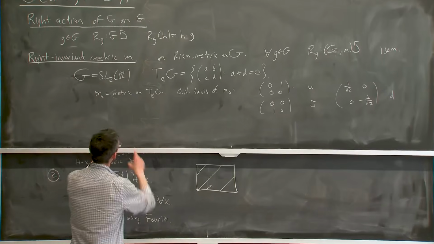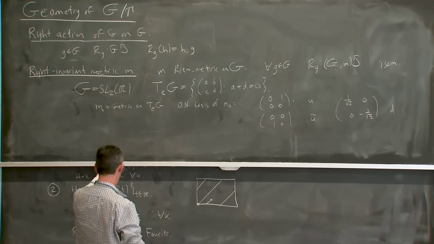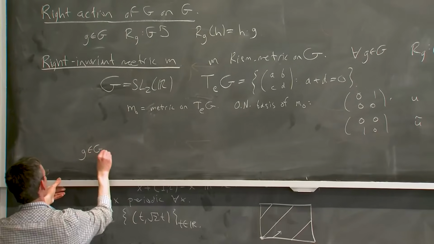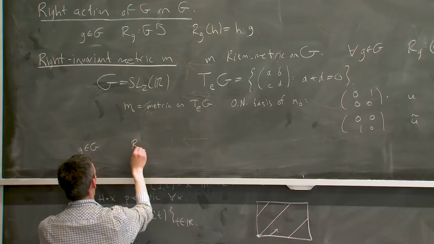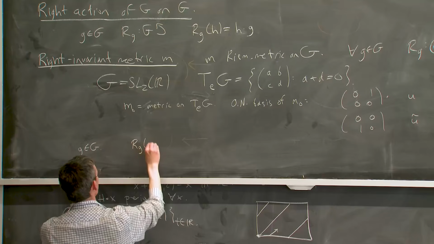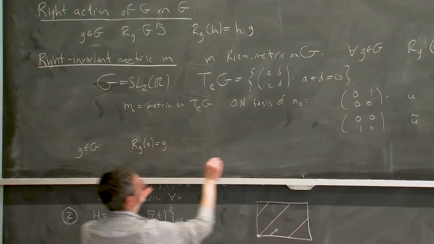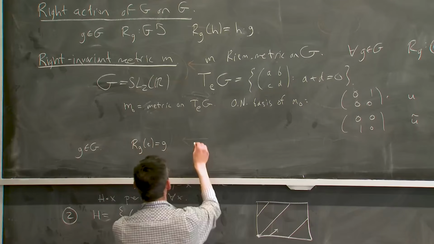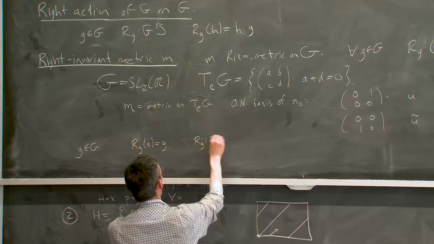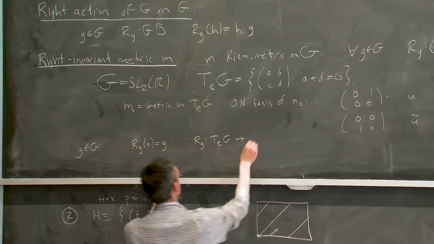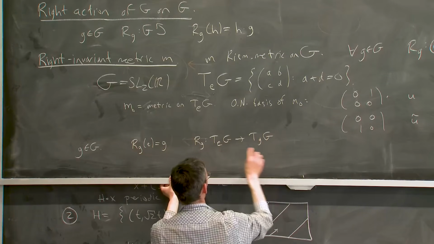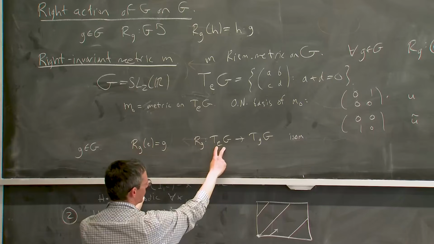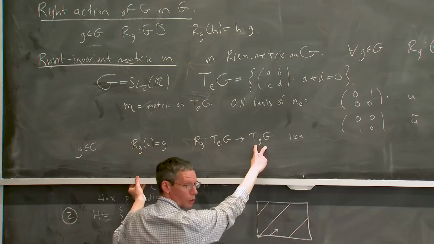Okay. So now, how will we define the metric elsewhere? Suppose g is in our group. R sub g of the identity is g. It's easy to check from the definition of R sub g. And therefore, R sub g defines a map from the tangent space at E of G to the tangent space at g of G, and this map is an isomorphism. If we have a metric over here, we use this map to define a metric over there.